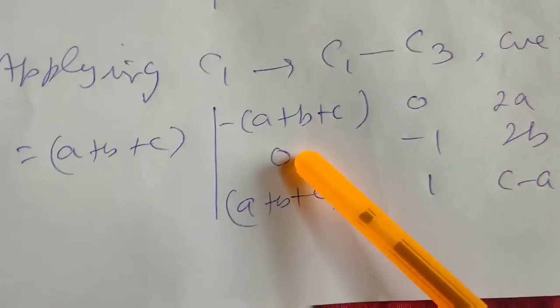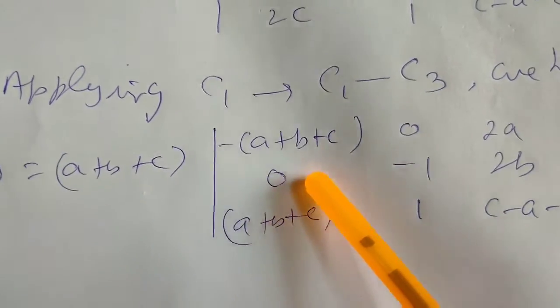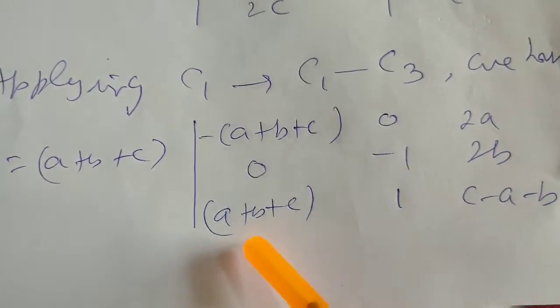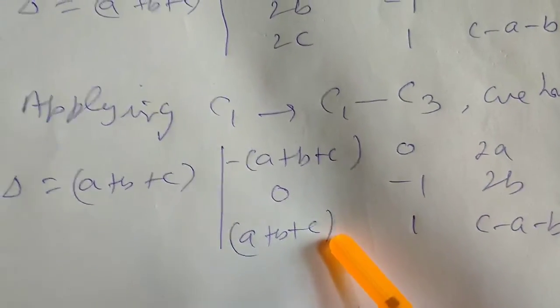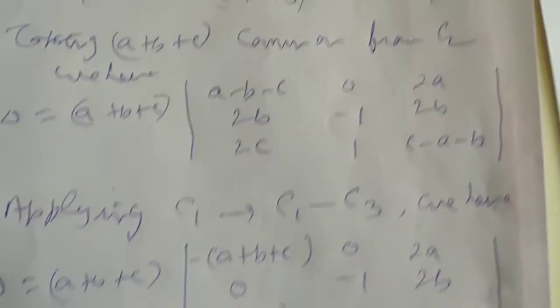Now you can see that from column number 1, a plus b plus c is here. This also can be written as 0 into a plus b plus c. Here also we are having a plus b plus c. So next step will be taking common a plus b plus c from c1 we have. So that is what I am writing here.